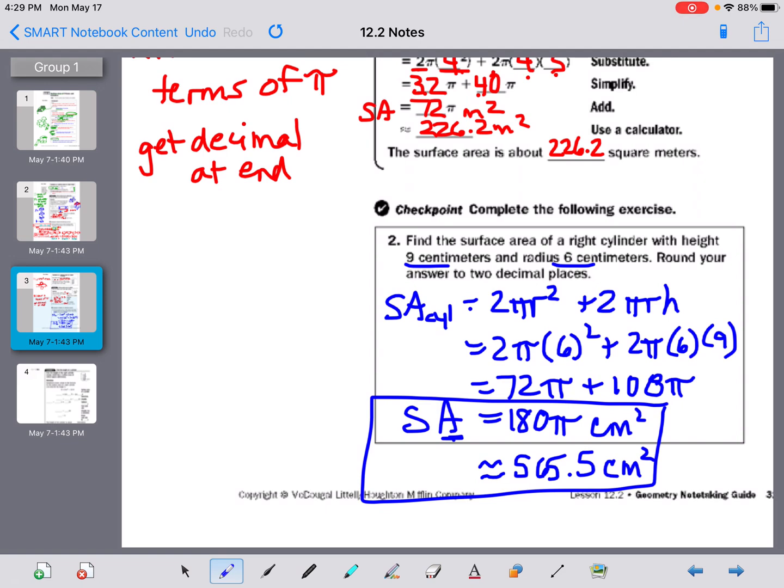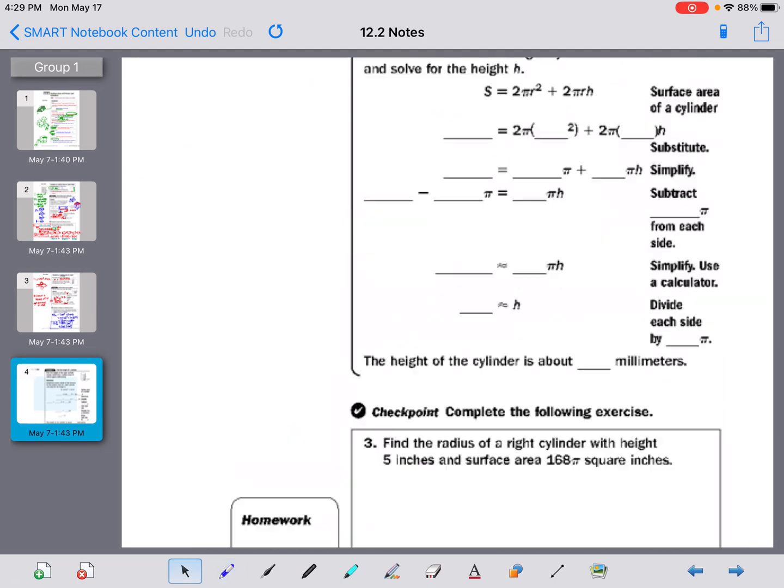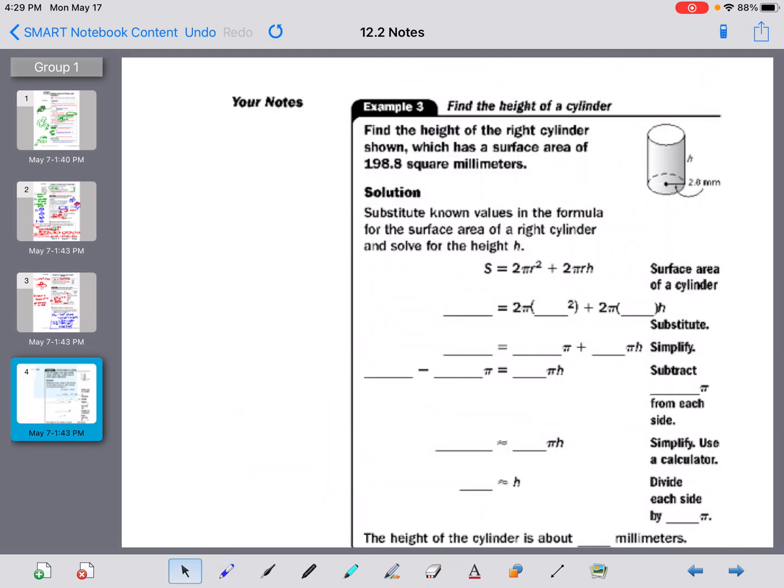All right, let's go to our last page here. Find the height of the right cylinder shown, which has a surface area of 198.8 square millimeters. This is one of those, just a reminder that you write down your formula and you plug and chug every number you can until you're solving for what's missing. Okay, so they wrote down for me surface area equals 2 pi r squared plus 2 pi r h, and I plug in what I know.